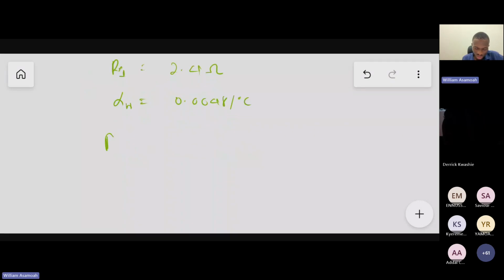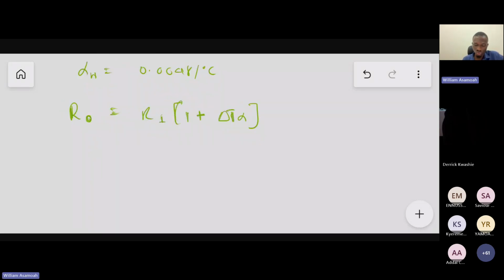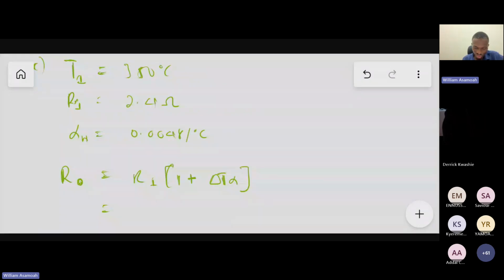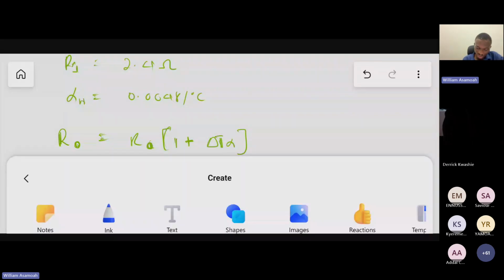And we know that R0 is equal to R1 or R hot times 1 plus change in temperature times alpha. Is that right? Okay. So we just plug them in. Sorry, this is R0, and here is R1. I've mixed them up.